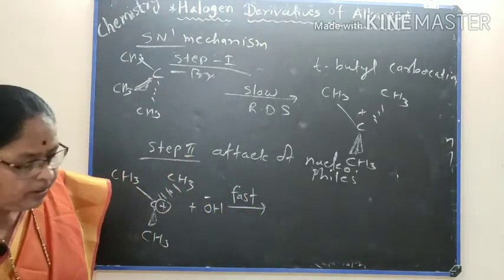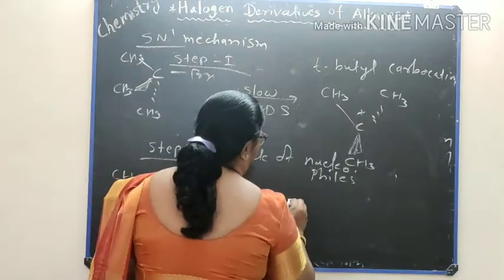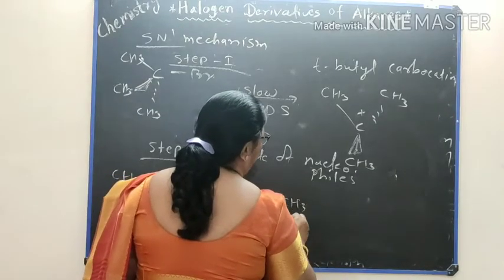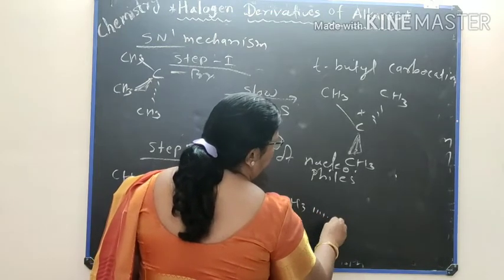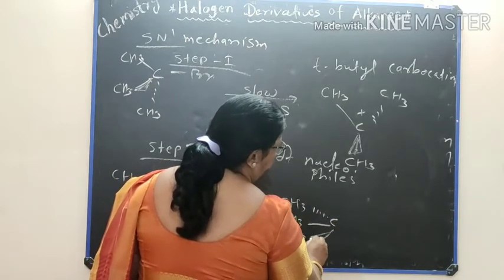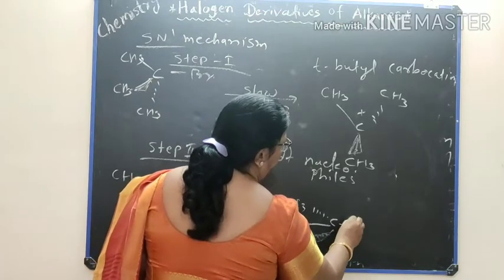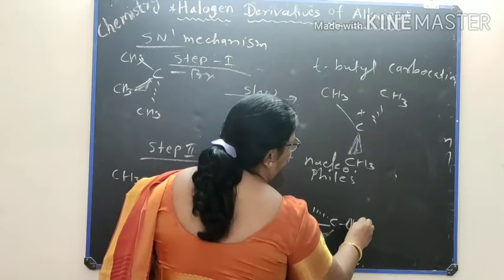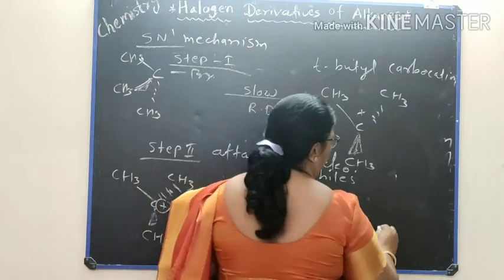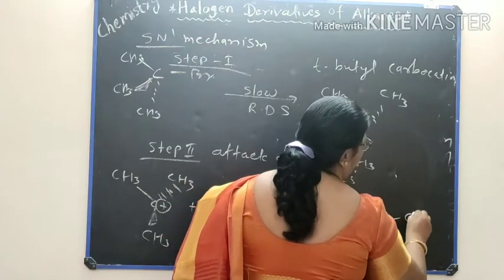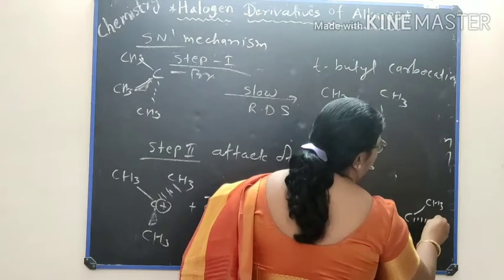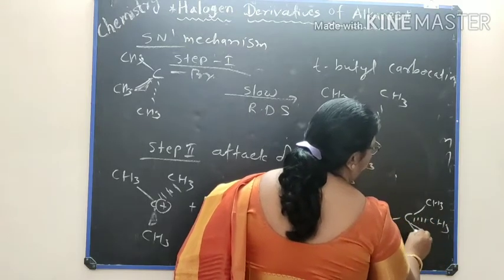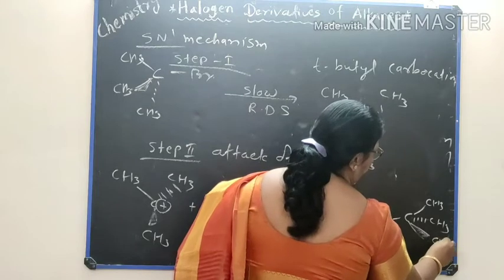The first one is (CH3)3C-OH, and the second one is the inverted product with OH on the other side.